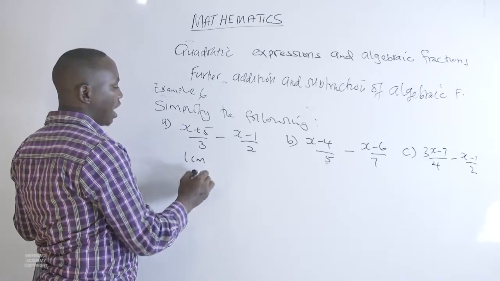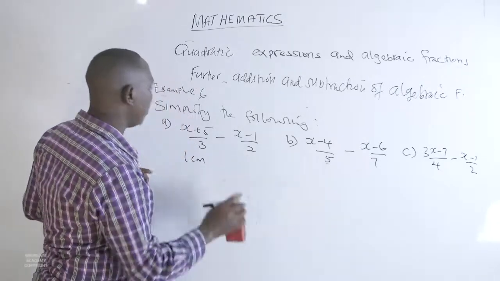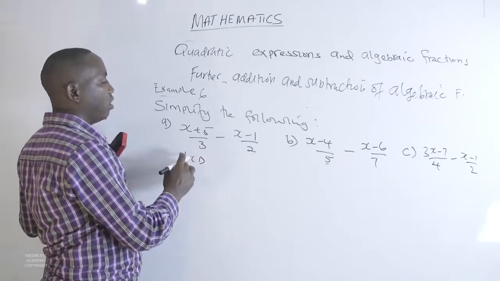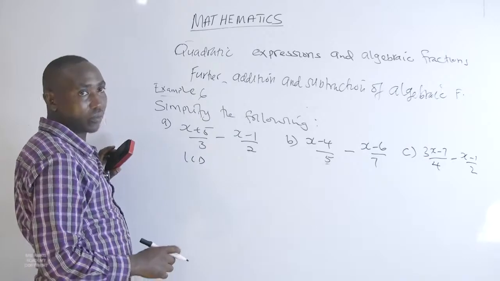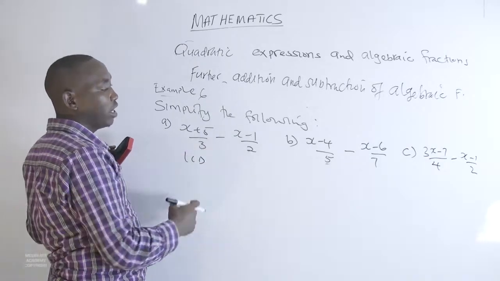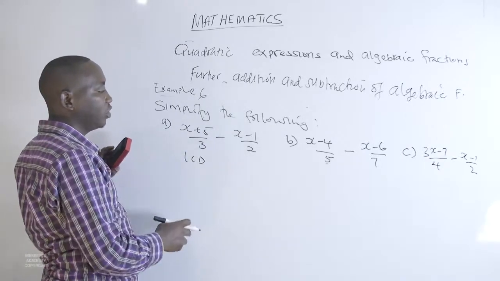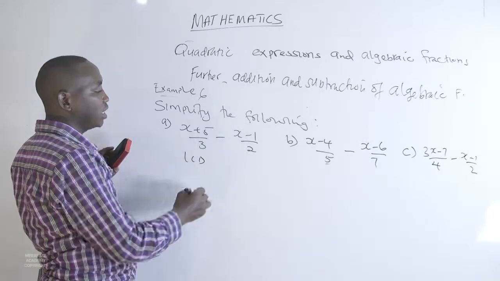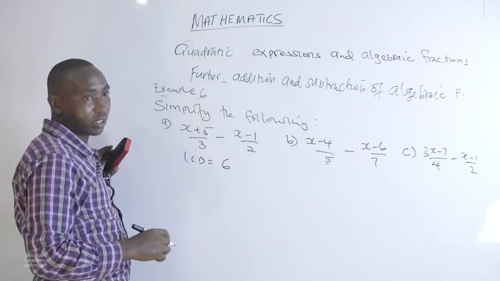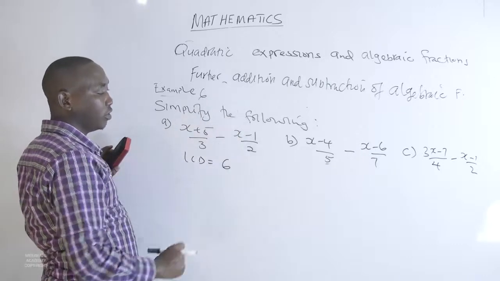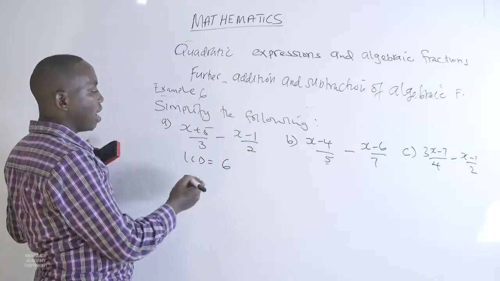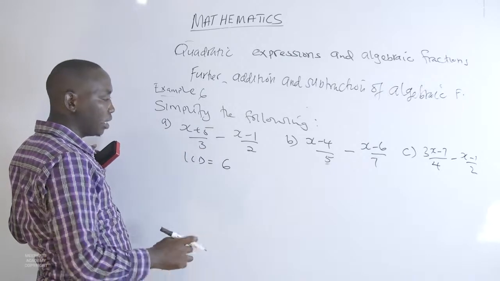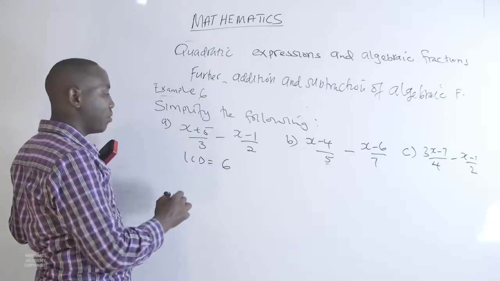We are going to find the LCD of 3 and 2, and because there is no common term, we are going to multiply the 3 by 2, and that means that the LCD is going to be 6. Then we now rewrite these fractions using 6 as the new denominator, and 3 goes into 6 twice, so that means we're going to multiply our numerator by 2.